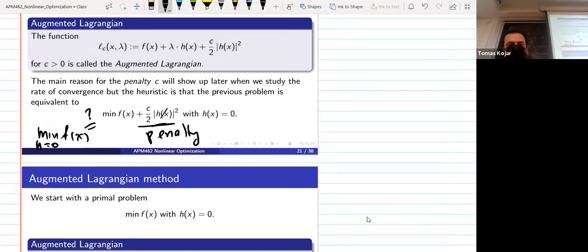Yes, because this guy is equal to 0. I know it's stupid, but the point is you do this, then later on you forget the constraint. But you have to start from somewhere. Okay, good.